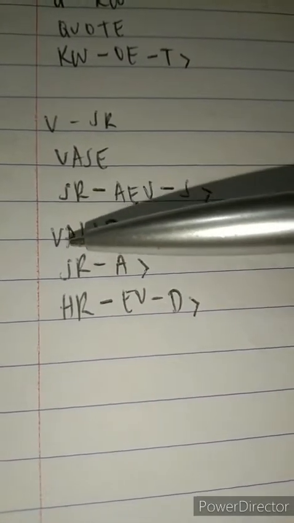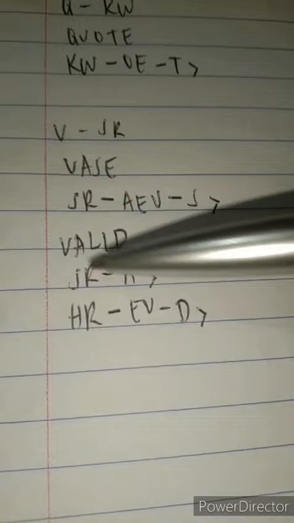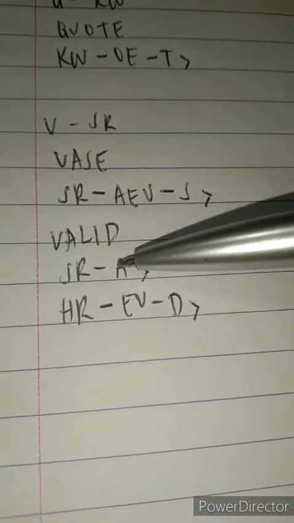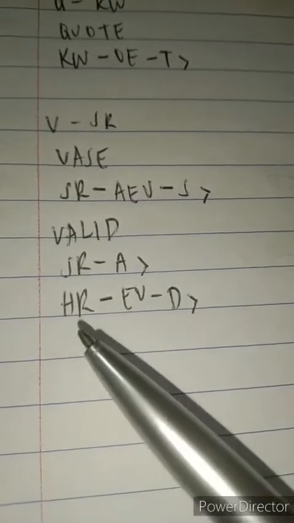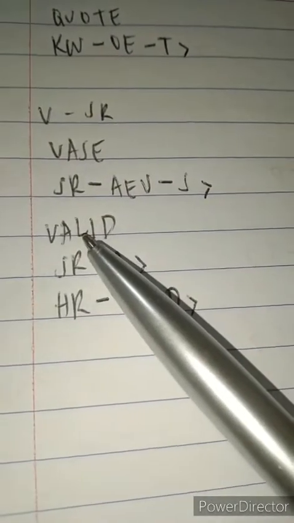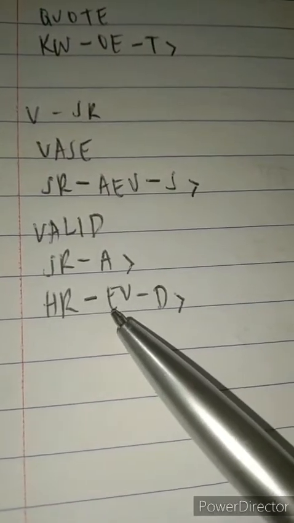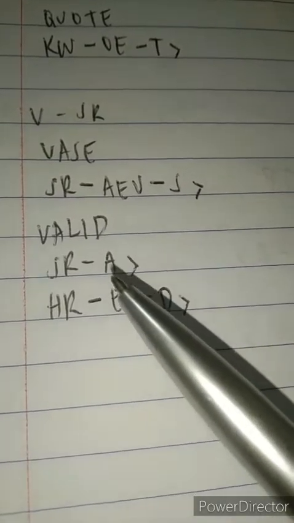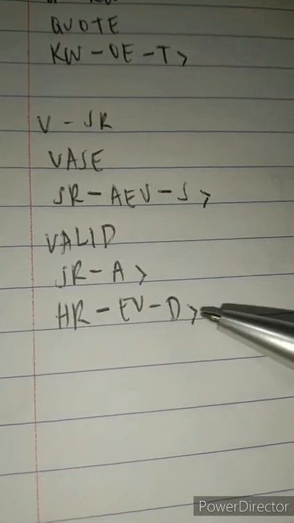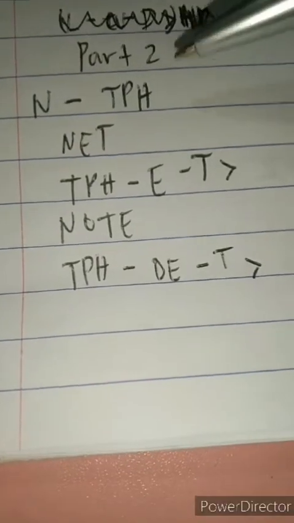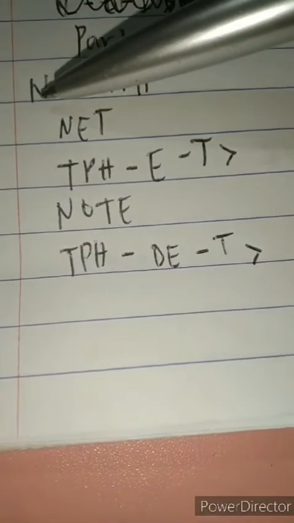So SR for letter V, and then vowel letter A, and then release. So next syllable, HR for letter L, and then vowel letters EU for short I, and then ending letter D, and then release. Let's proceed to part 2. This letter N.